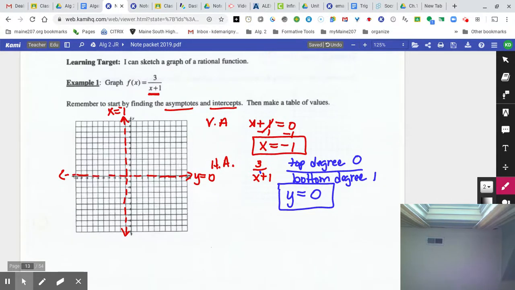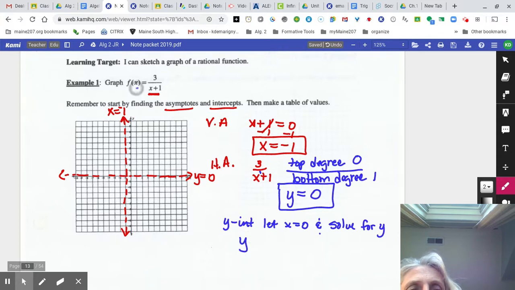Okay, so the first thing I'm going to go for is the easiest one, because I think the y-intercept is actually the easiest one. The y-intercept is when I let x equal 0 and solve for y. So f of x is equal to 3 over x plus 1.